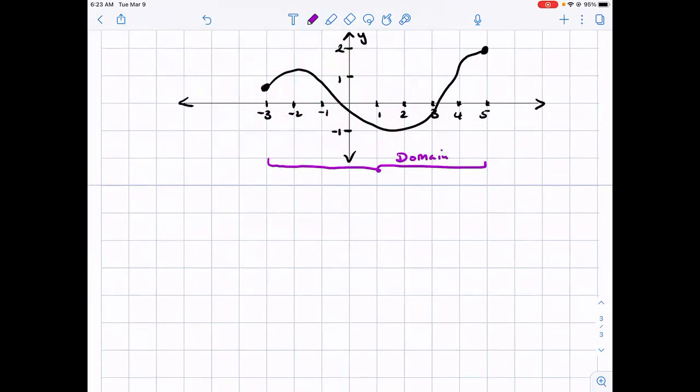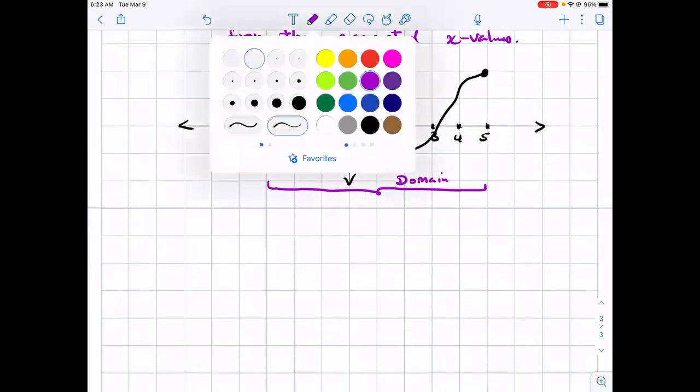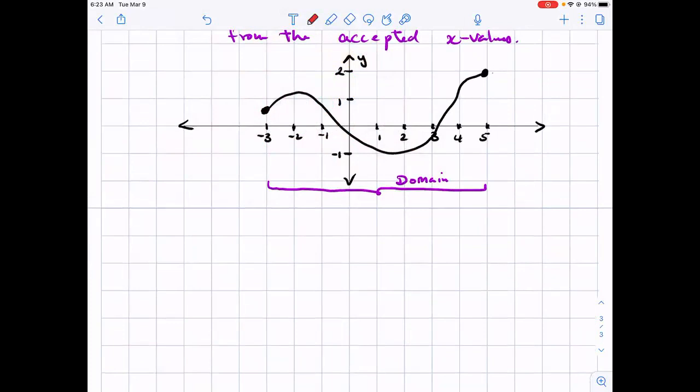The domain is the x values, okay? And the range would be from here, okay, going all the way down to this point here. This is what we call the range.